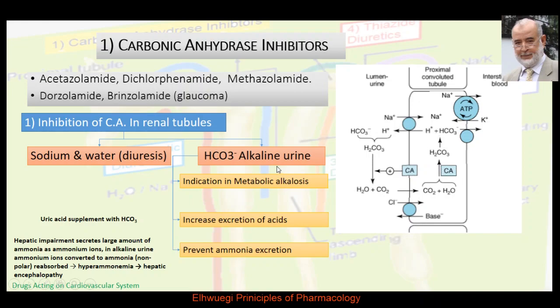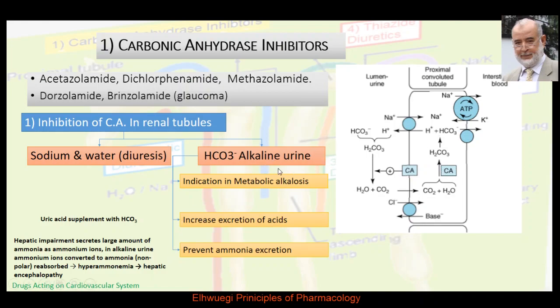If the urine is alkaline, ammonia will not be ionized, it will stay non-polar, and therefore it will be reabsorbed back into the general circulation. This will result in hyperammonemia, which can lead to hepatic encephalopathy or liver failure. So they are contraindicated.